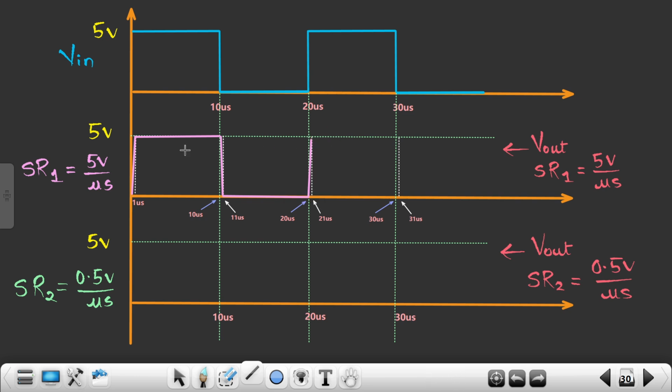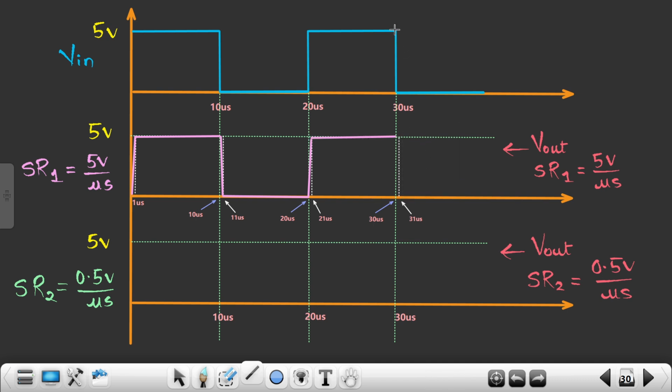Why? Because the slew rate is 5 volts per microsecond. So it will take some time to move from 0 to 5 volts, and what is that time? That is 1 microsecond.